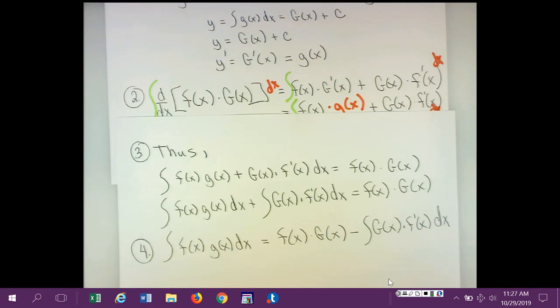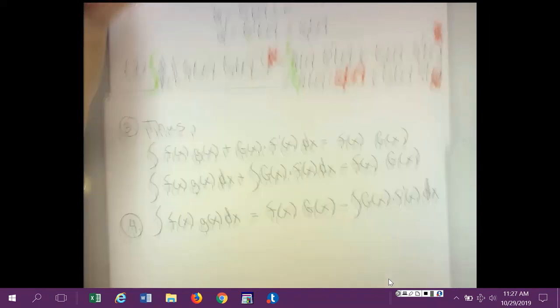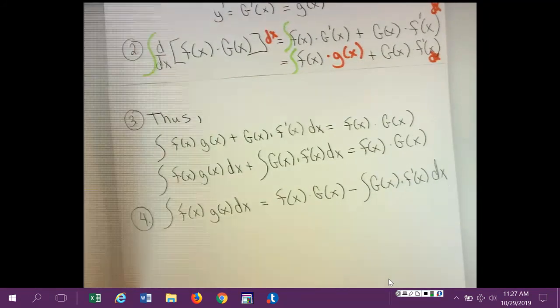And this is where we begin to introduce the variable u and the variable v so that you end up with the integration by parts formula. That would be step 5, and then we would be able to go to our conclusion.